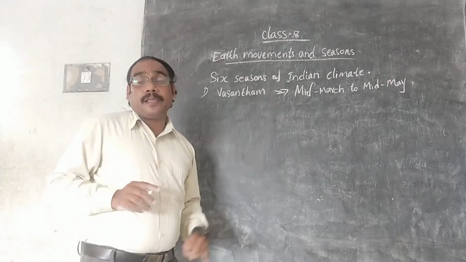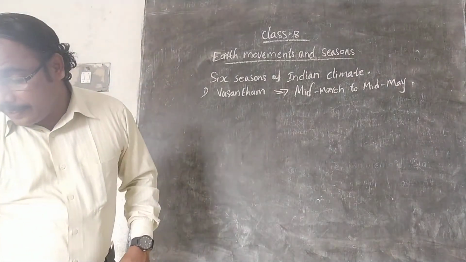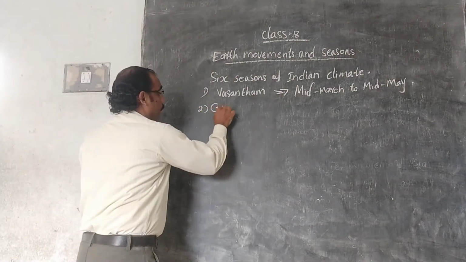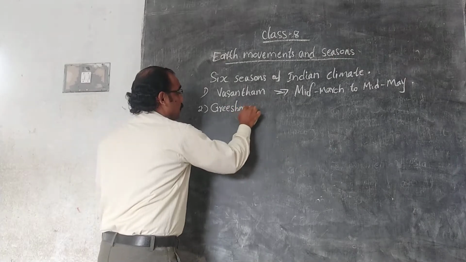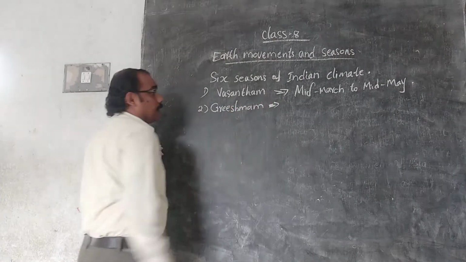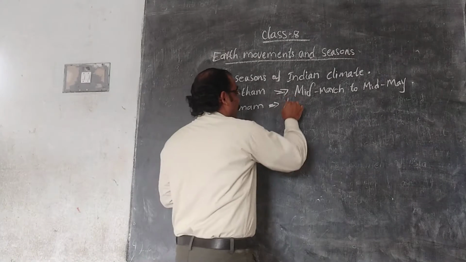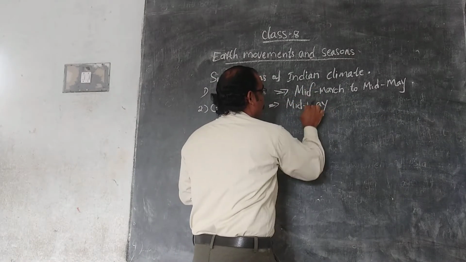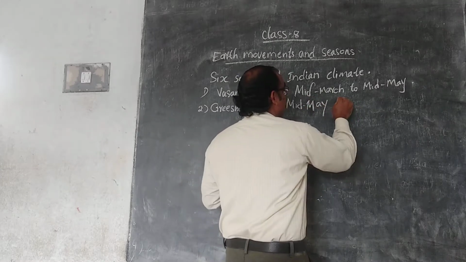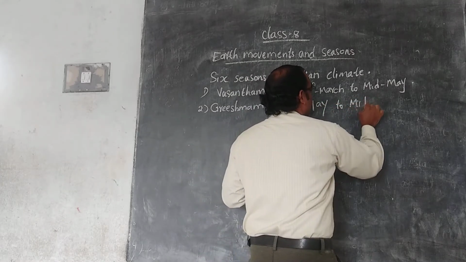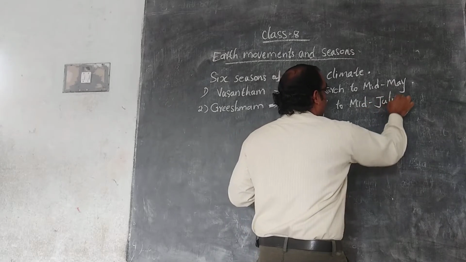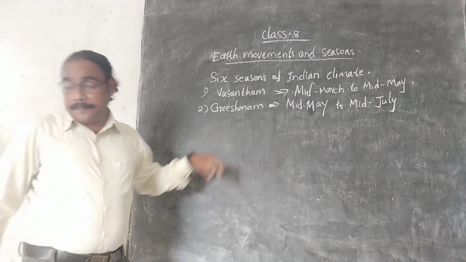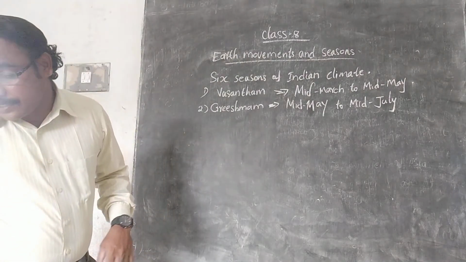The first one is Vasantam, mid-March to May. Next, Grishma, the second one. Grishma, mid-May to mid-July. Okay, mid-May to mid-July we are having the season Grishma, and the third one is Varsha.